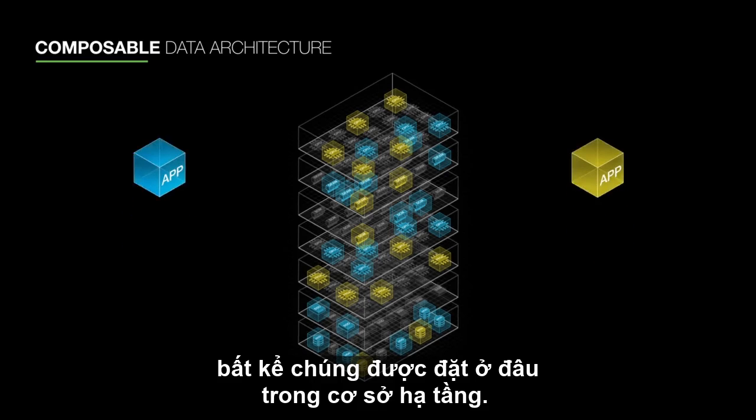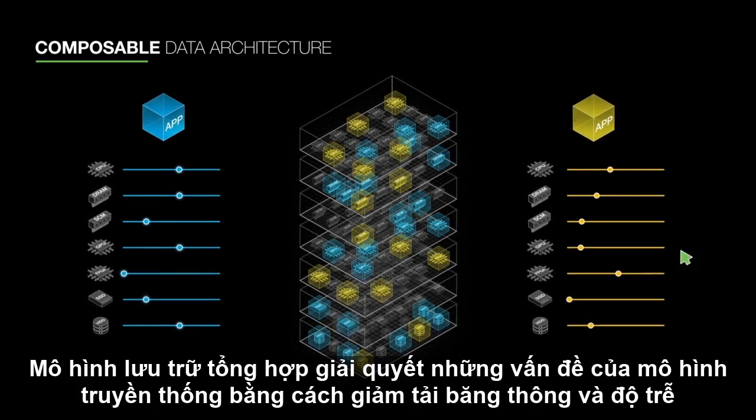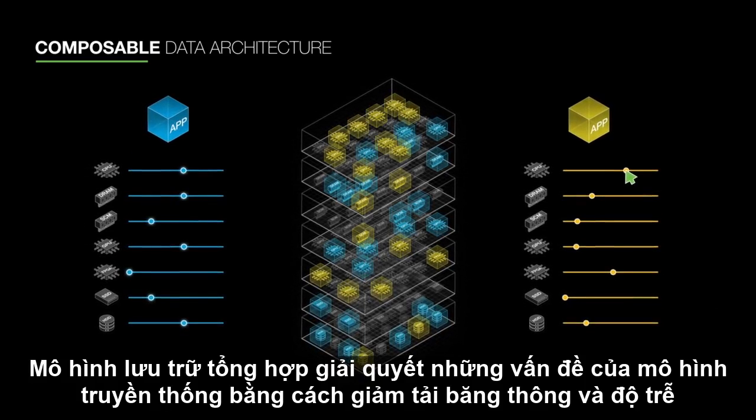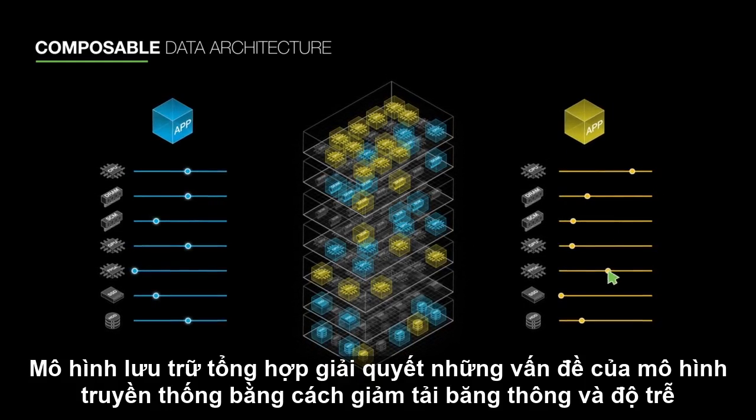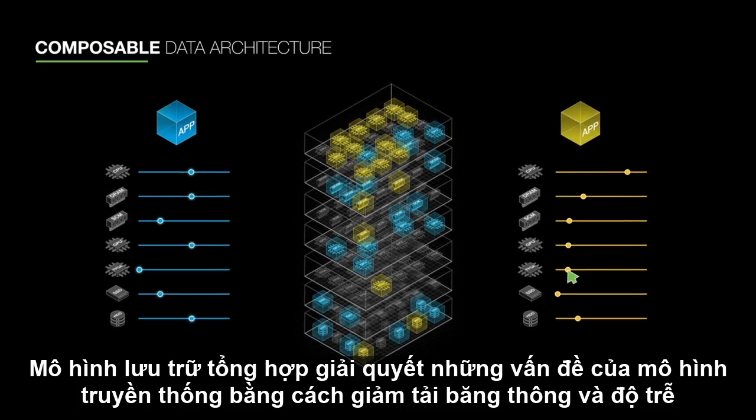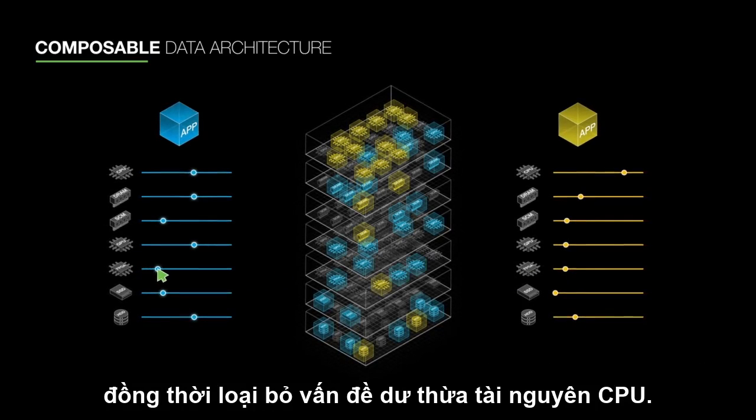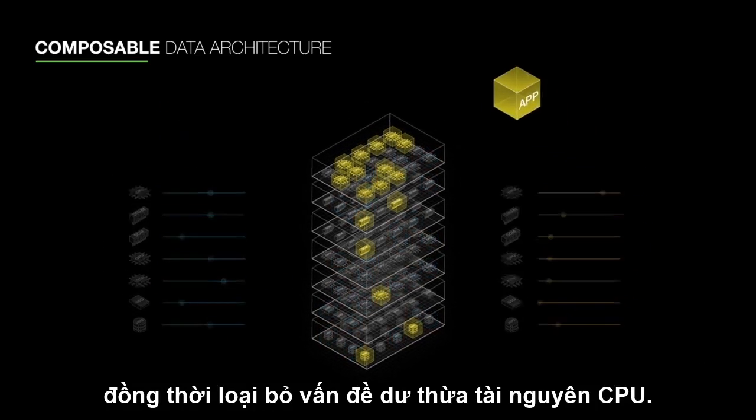in the physical infrastructure. The composable model addresses the shortcomings of legacy architecture models by addressing bandwidth and latency issues and bypassing the problems presented by CPU over-provisioning.